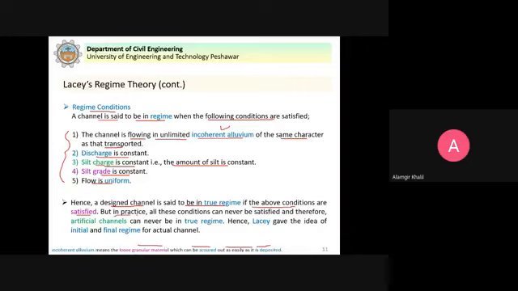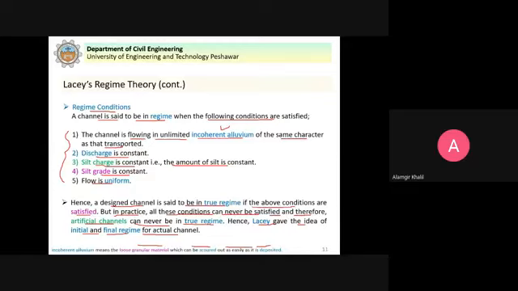But in practice, all these conditions can never be satisfied, and therefore artificial channels can never be in true regime. Hence, Lacey gave the idea of initial and final regime for actual channels.